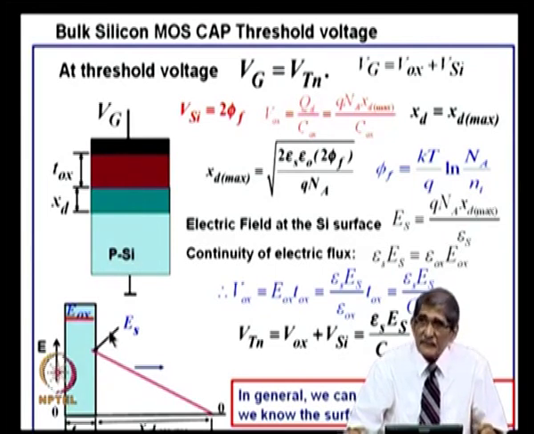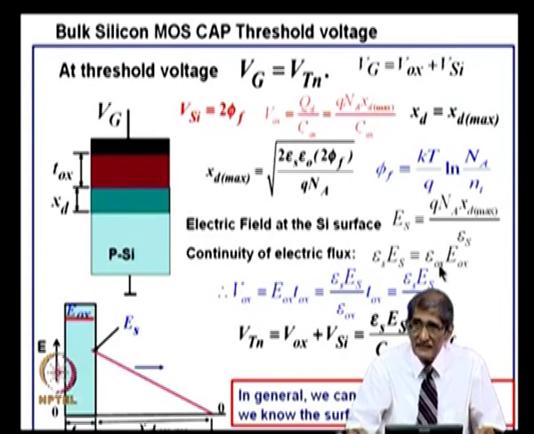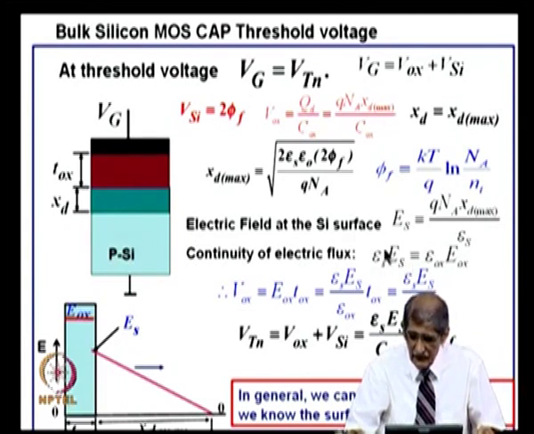So, epsilon S into E of S should be equal to epsilon oxide into E oxide. That is the continuity of flux. This is D, D is epsilon into E. D in silicon is D in oxide.